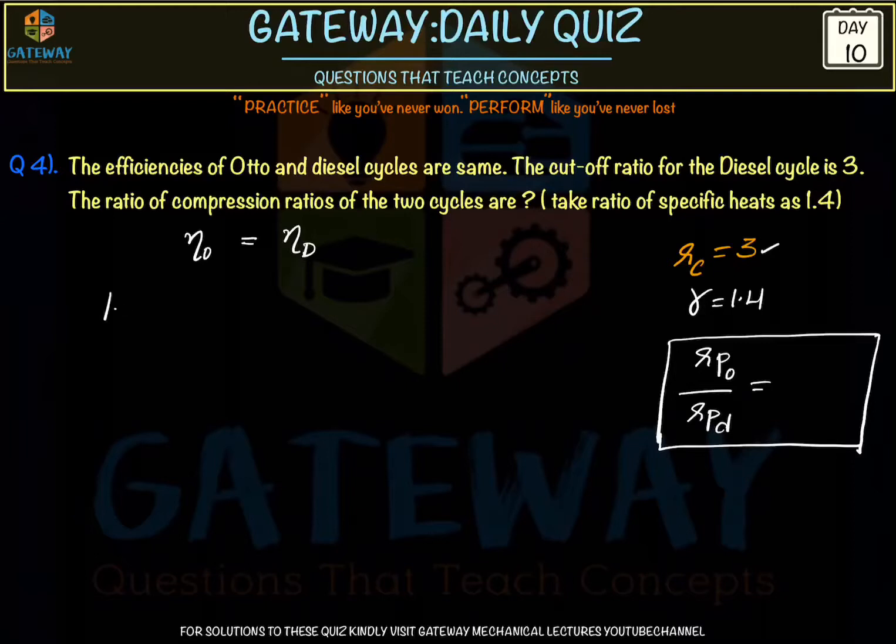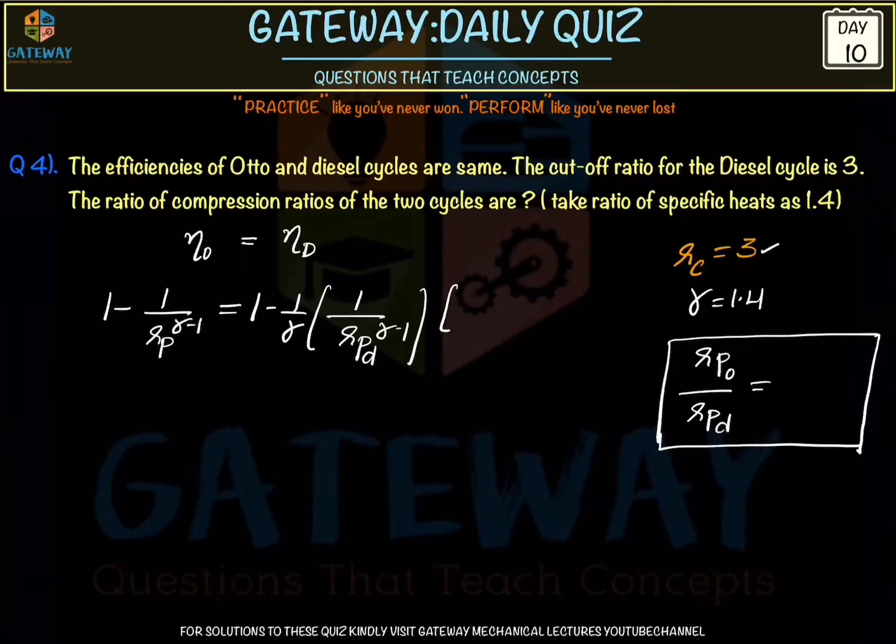So the Otto cycle efficiency is, directly I am writing out the formula, 1 minus 1 upon Rp power gamma minus 1, and the diesel cycle efficiency is 1 minus 1 by gamma into 1 by Rp of diesel power gamma minus 1 into Rc power gamma minus 1 upon Rc minus 1, right?